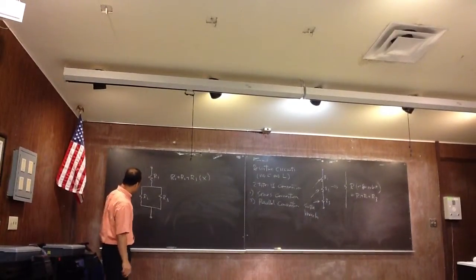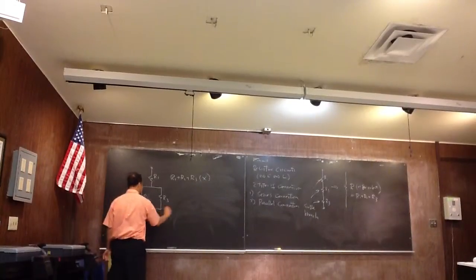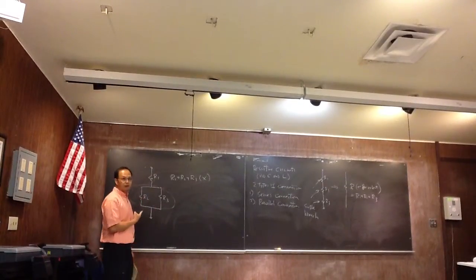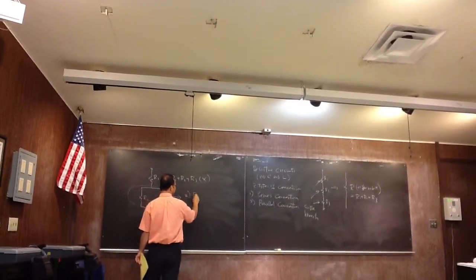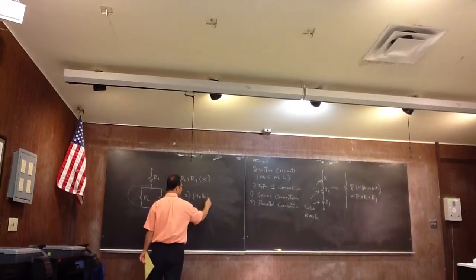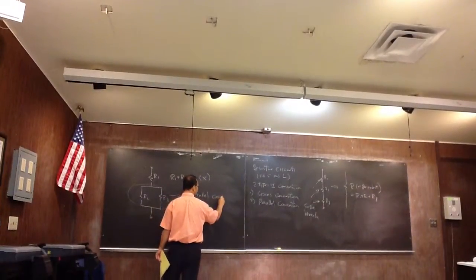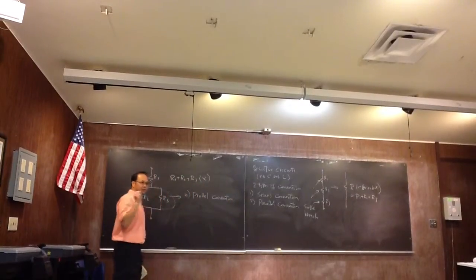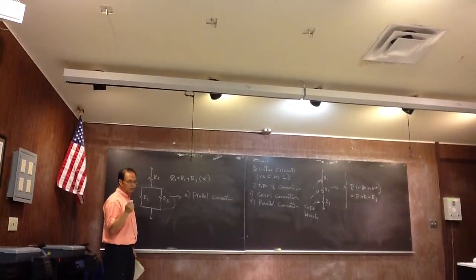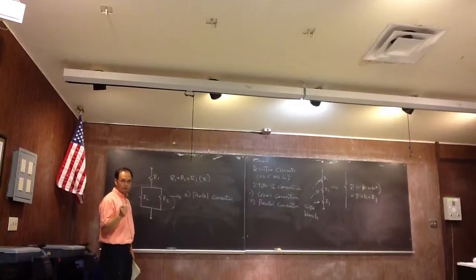Okay, then when we come to this, it is called the parallel, the second type, the parallel connection. So now you can see the difference between the serial connection and the parallel connection, right?